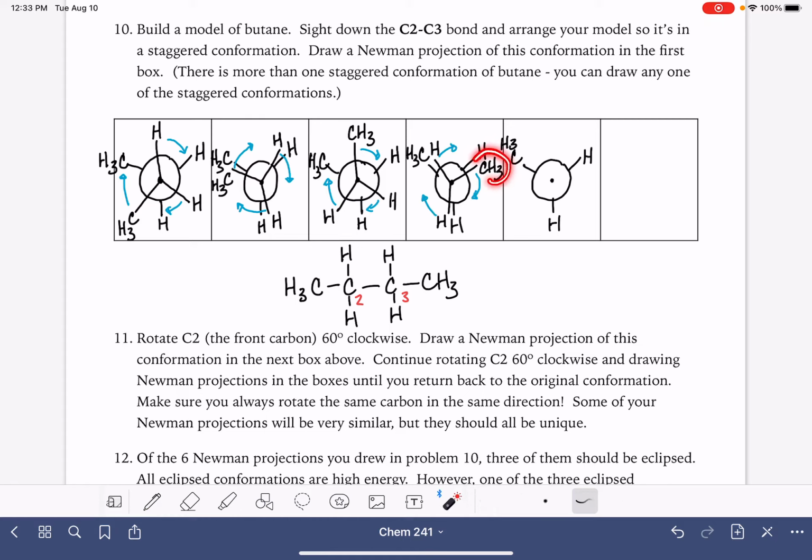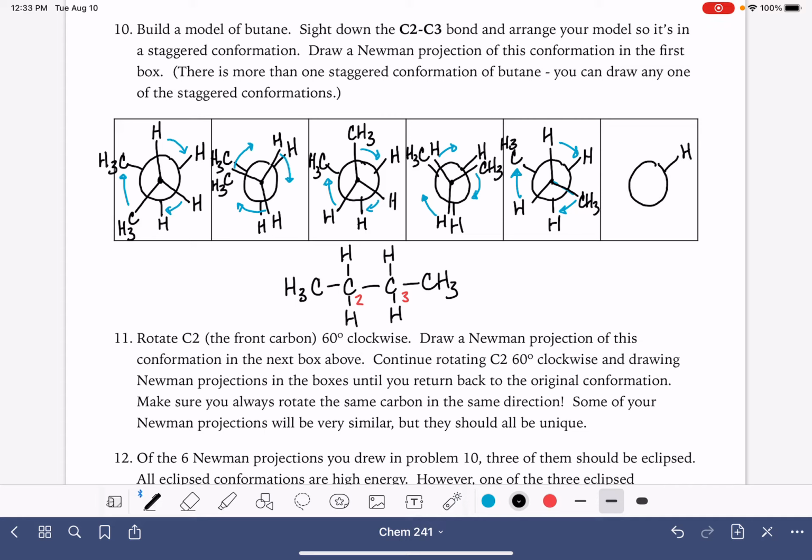So that's going to put our methyl group in, what would this be, kind of like a 5 o'clock position. That's our methyl group, and the other 2 positions have hydrogens. And then we're going to do it one last time. Everything gets rotated one more time, 60 degrees, into one last eclipsed conformation.